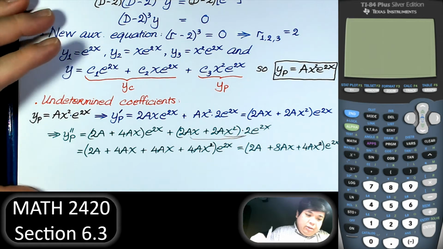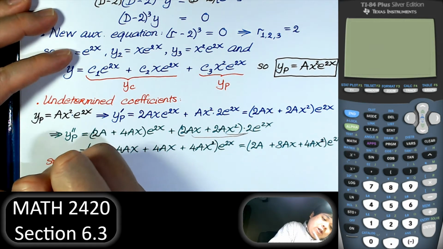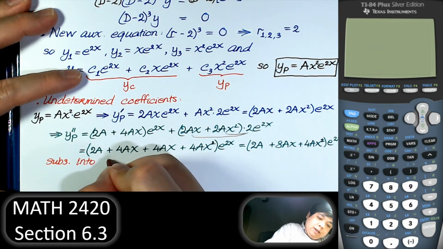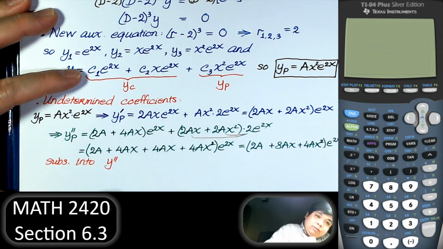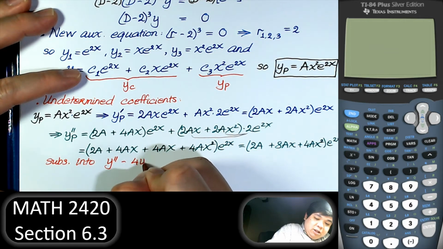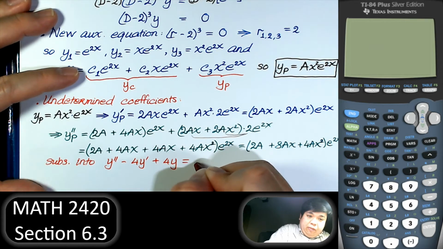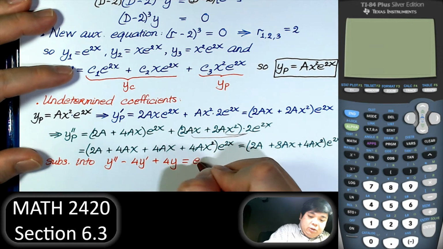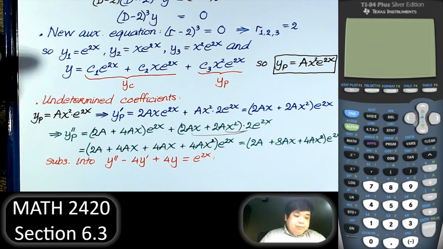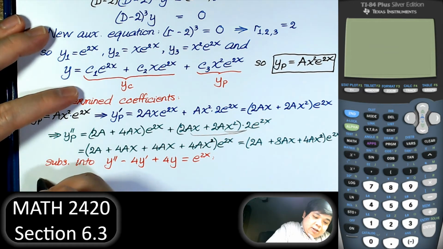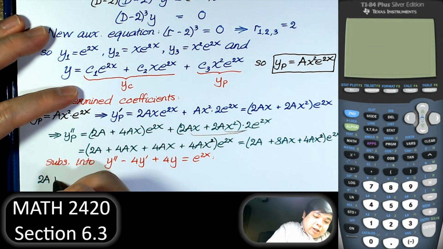The second derivative is 2a plus 8ax plus 4ax squared times e to the 2x.